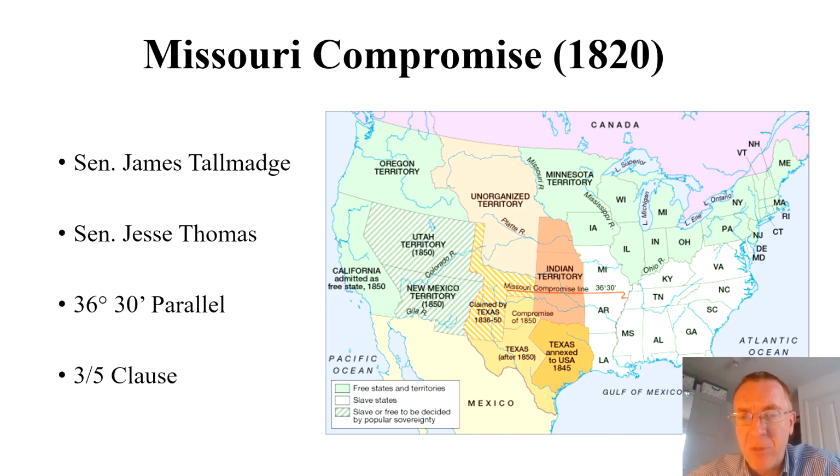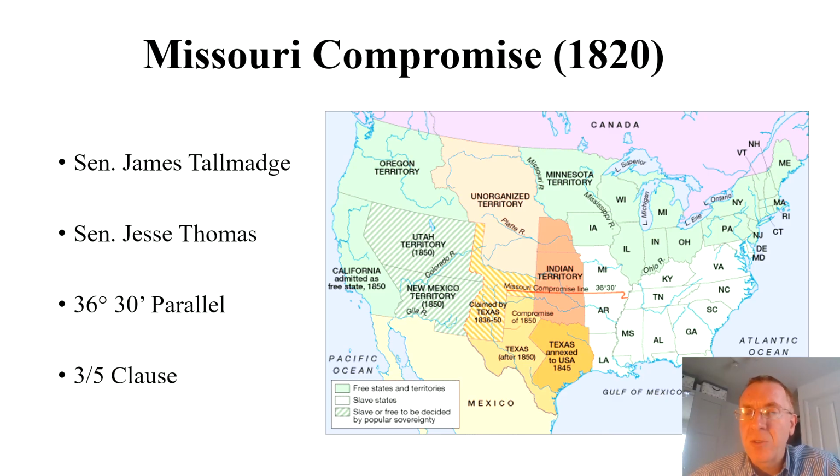If you look at that map there, look at where the Missouri Compromise line is. This is the line between Missouri and Arkansas. And with that, look at all the territory north of that. Look at the territory south of it.